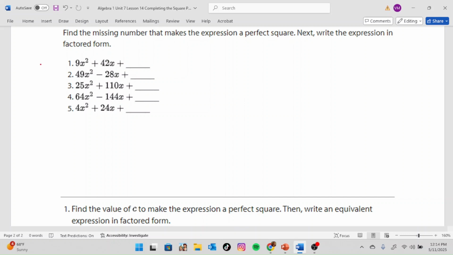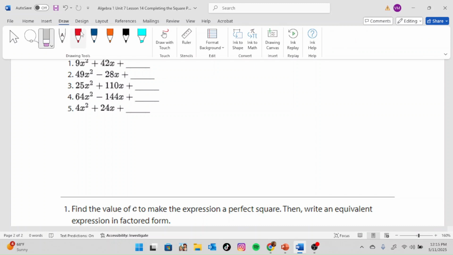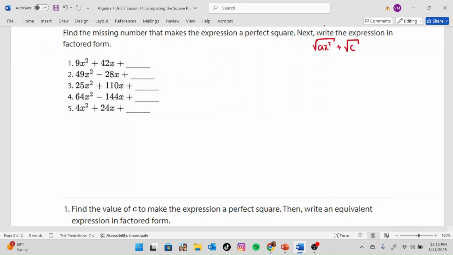So let's think about what we've already learned. We know that we're going to take the square root of ax squared plus the square root of c, and we're going to square them to create ax squared plus bx plus c.